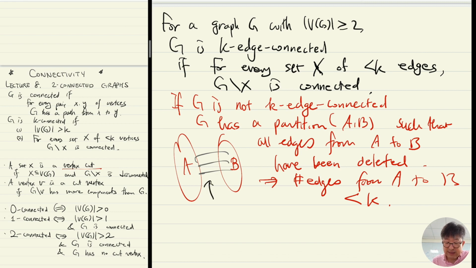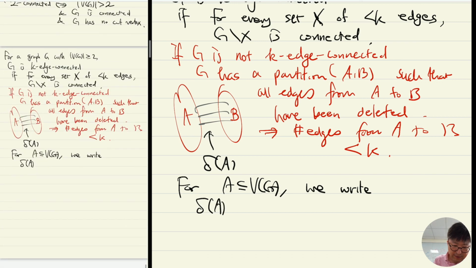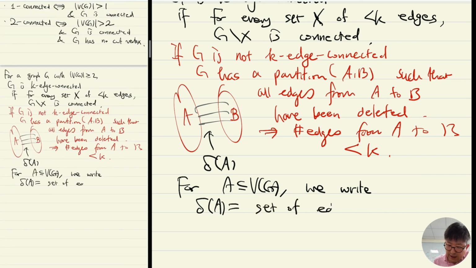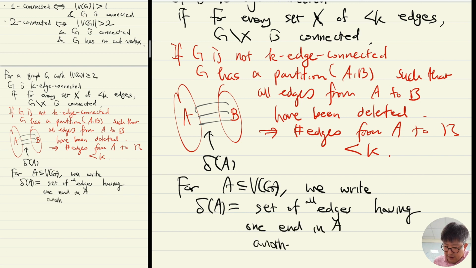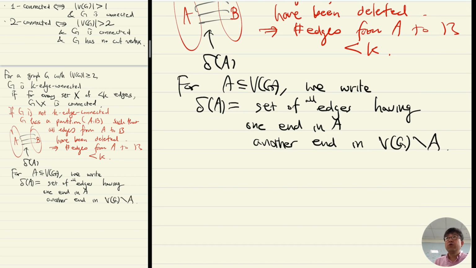So let's call this an edge cut. We rewrite this as delta A. For a subset A of vertices of G, we write delta A to be the set of all edges having one end in A and another end in V(G) minus A. Now such a thing is called an edge cut.